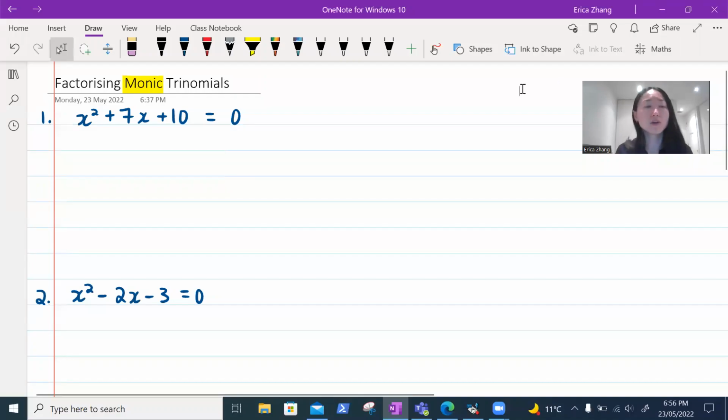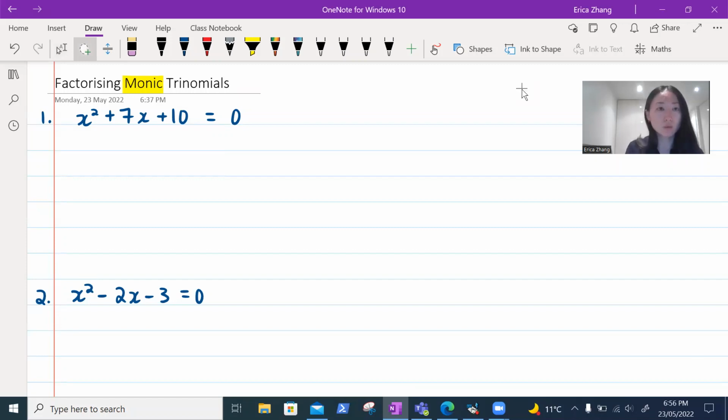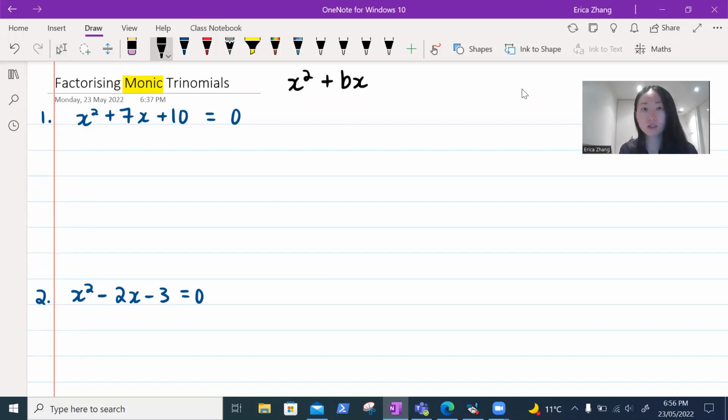All right, so to factorize monic trinomials, let's first figure out what these words mean. Trinomial means we have three terms. We have a quadratic term, we have a linear term. Quadratic means x squared, linear means x to the power of 1, and then some constant, right?